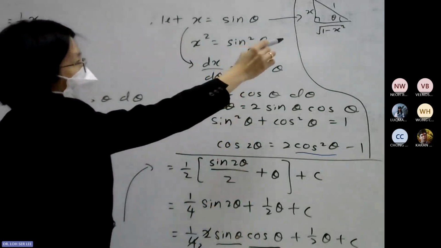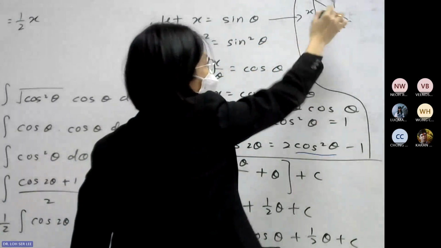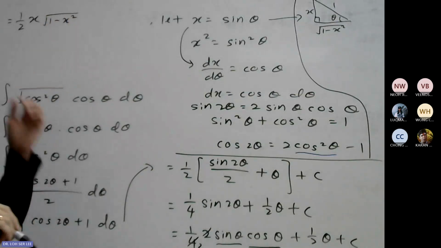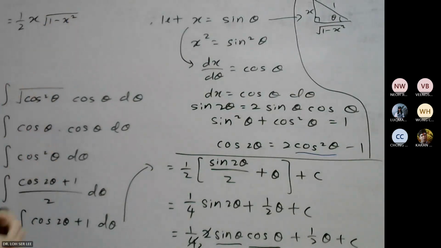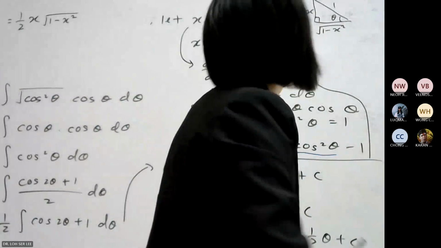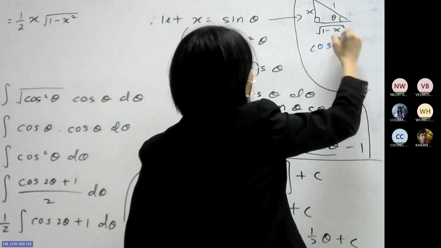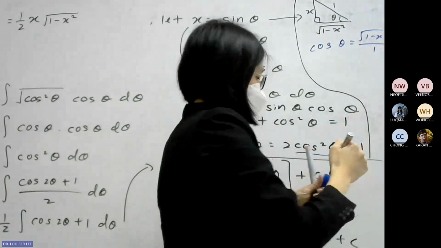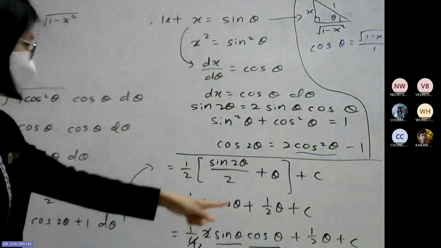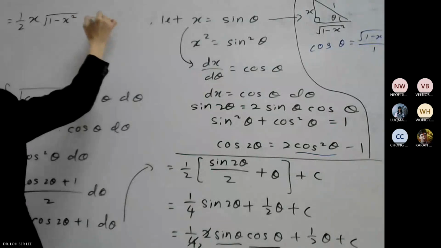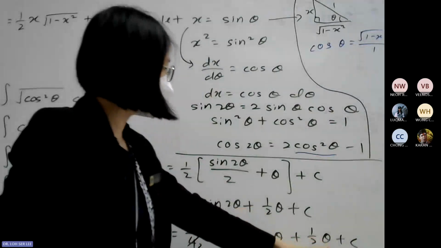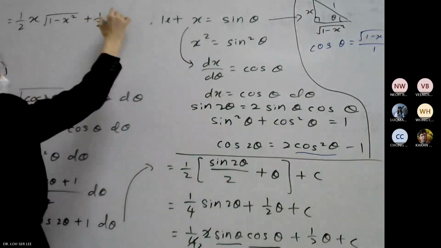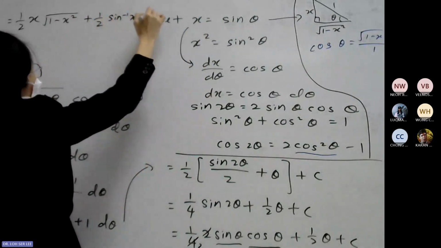Cos theta is this one over 1, right? This is your cos. Okay, then plus half theta. Your theta is arc sine x. Then plus c.